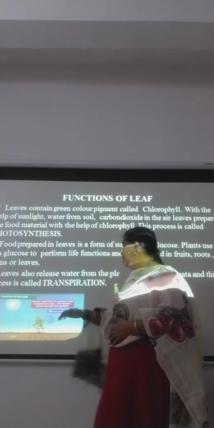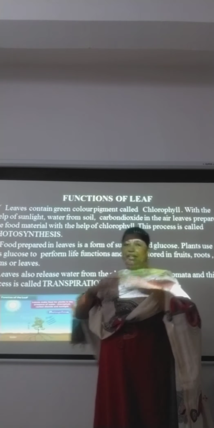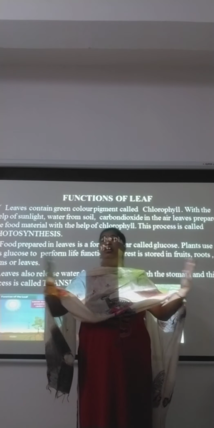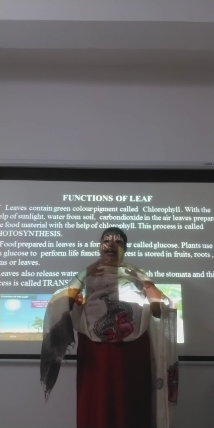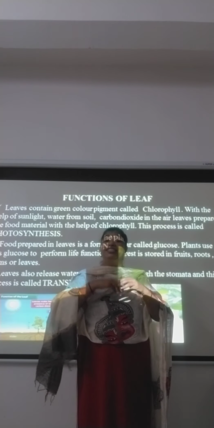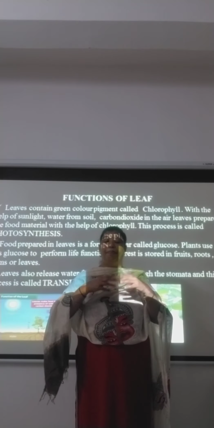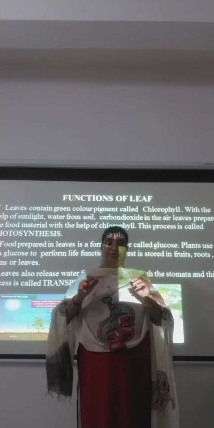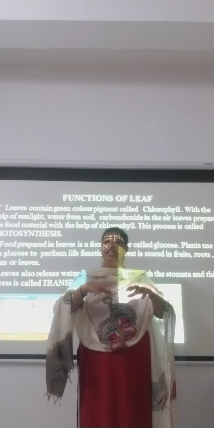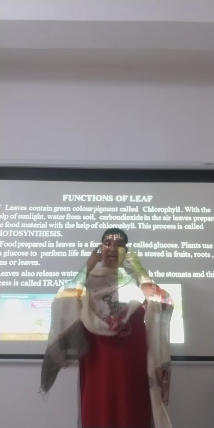In the same manner, here leaves also take all the elements from the surroundings. At the same time, if there is excess water in the plant, that excess water is also released out. Now can you see it?